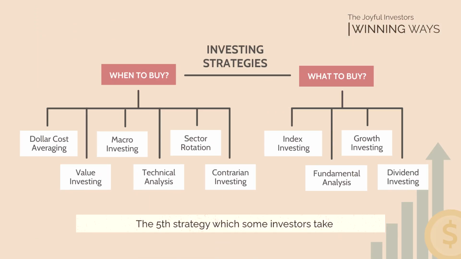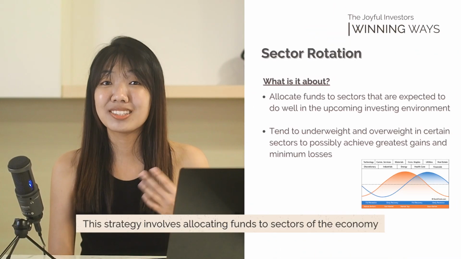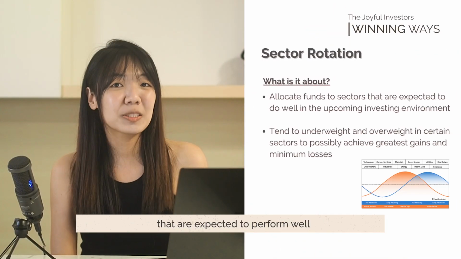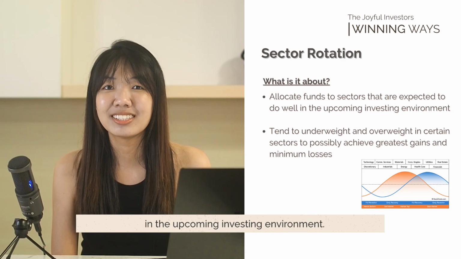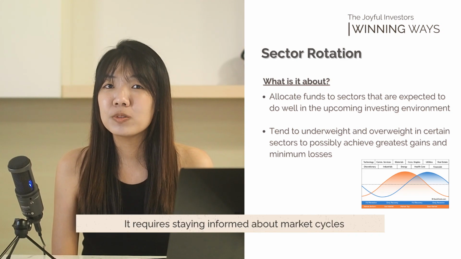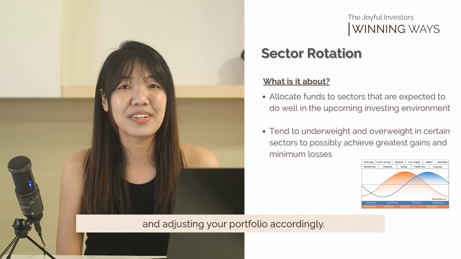The fifth strategy which some investors take to determine when to buy stocks is sector rotation. This strategy involves allocating funds to sectors of the economy that are expected to perform well in the upcoming investing environment. It requires staying informed about the market cycles and adjusting your portfolio accordingly.